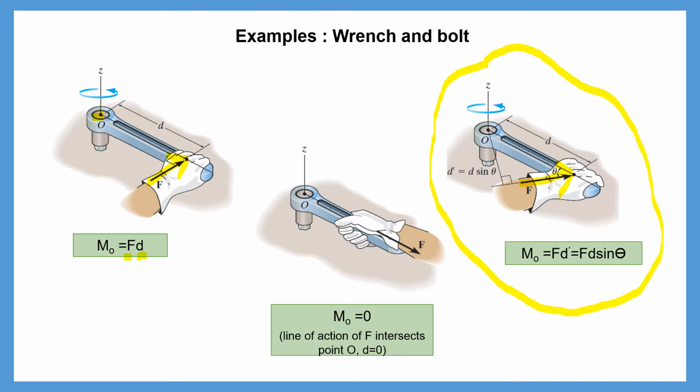So it will be more difficult to turn the bolt since the moment arm here, the vertical distance d prime, will be smaller than d in that case. So to generate the same moment, we have to apply more force.